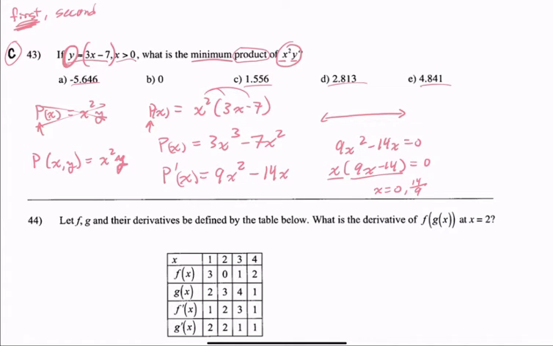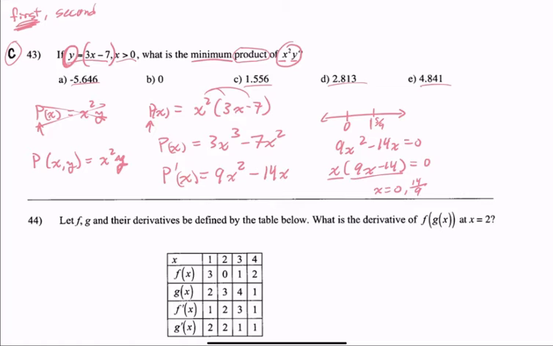On my sign line graph, I have 0 as one of my critical values. Another critical value is 14 over 9, which is 1 and 5/9. I like a mixed number when I start getting onto graphs, a mixed number instead of an improper fraction.